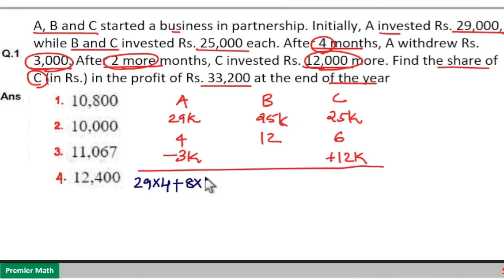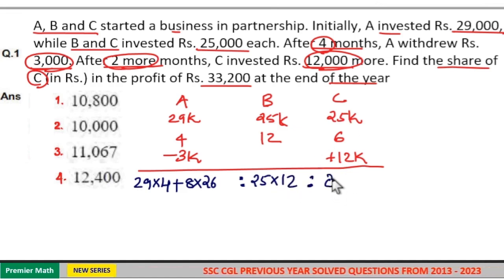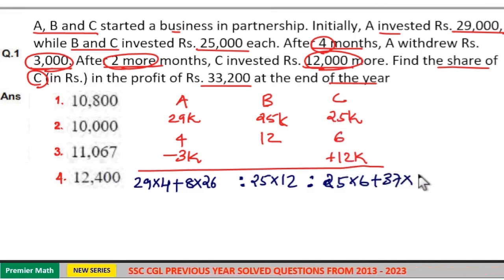B invested 25,000 for 12 months, and C invested 25,000 for 6 months, and after 6 months he invested 12,000 more, which means for the remaining 6 months he invested 25 plus 12, 37,000.